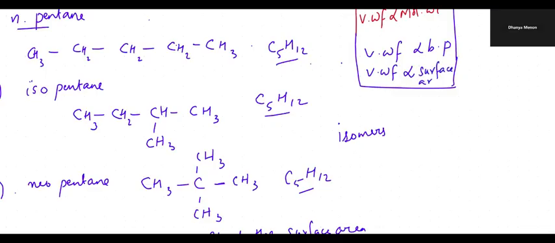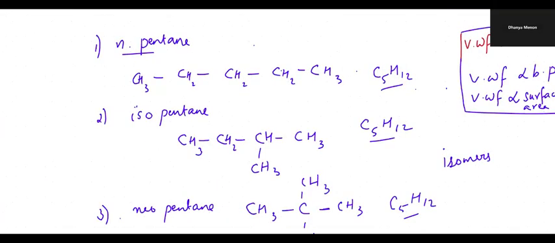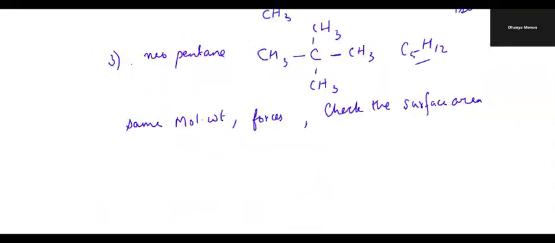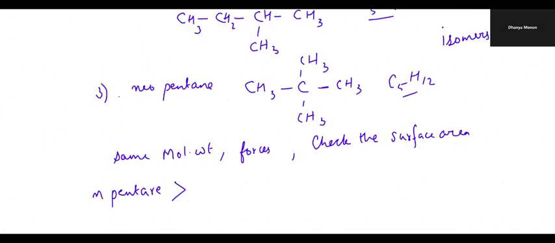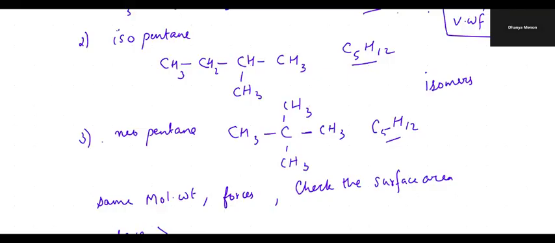So here you can see normal pentane has more surface area. See, it is taking more space. So normal pentane will have more van der Waals force compared to isopentane and neopentane. Isopentane is taking more surface, so next one will be isopentane.